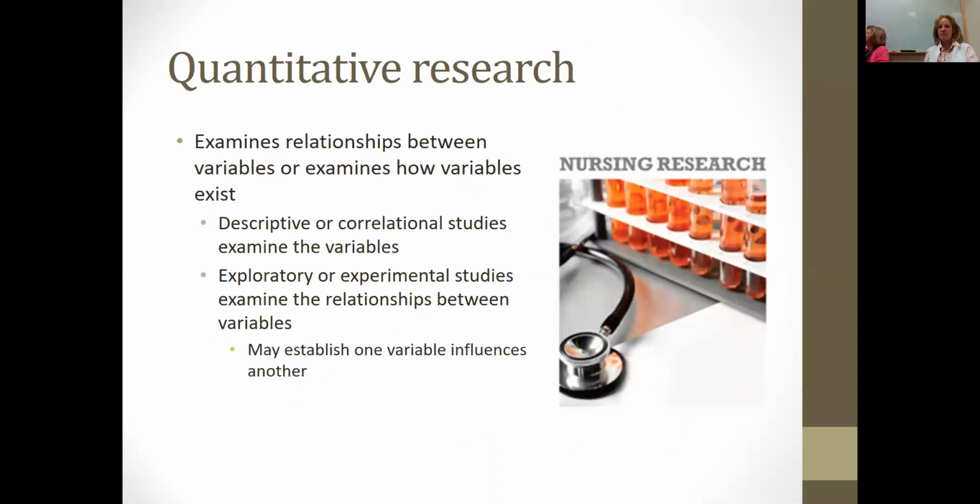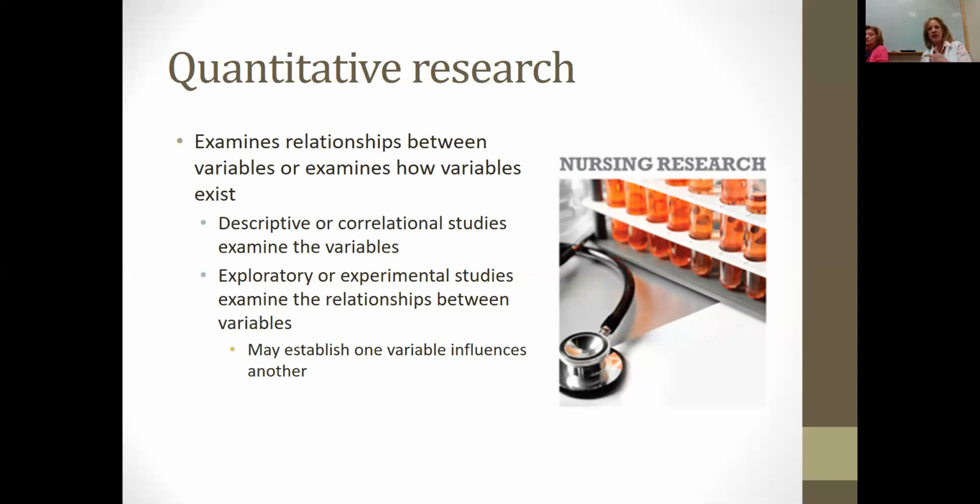And then when we think about quantitative research, we already said we're looking at at least two variables and some relationship between two variables and how those variables relate to one another. So you can have descriptive or correlation studies that just describe the relationship between the variables, or you can have exploratory or experimental that look a little bit more in depth at the relationship between the variables, and they can influence how one variable affects another variable.